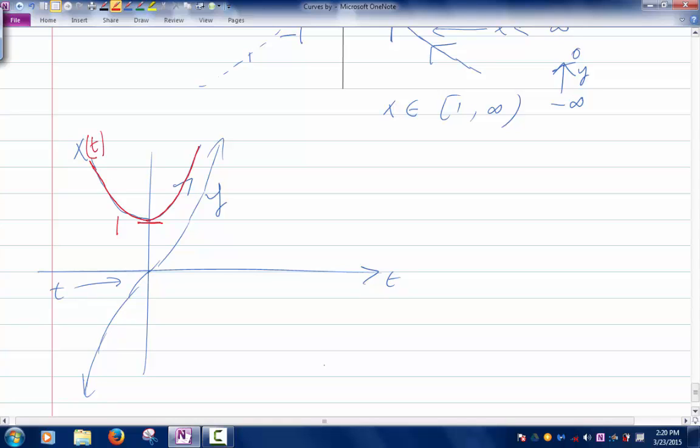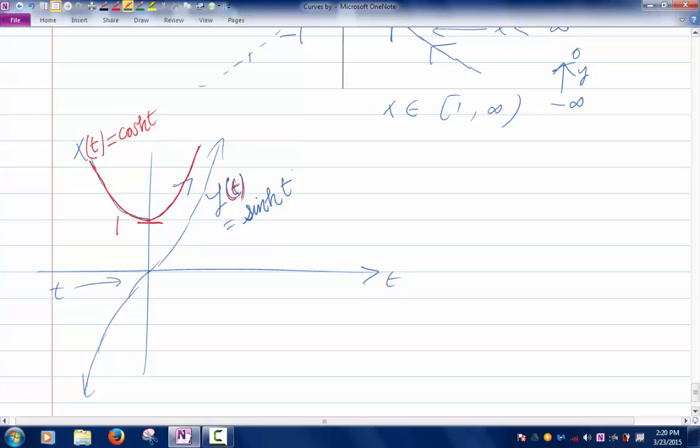Y of t is hyperbolic sine t, so this is hyperbolic cosine t, and y would be hyperbolic sine t, and that's the graph of hyperbolic sine t. So hyperbolic sine t goes from negative infinity to positive infinity.